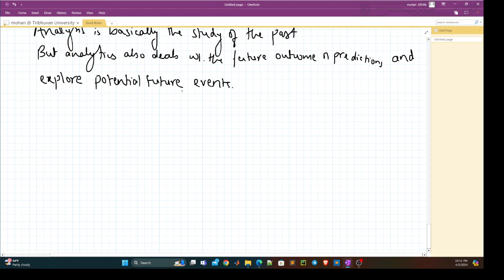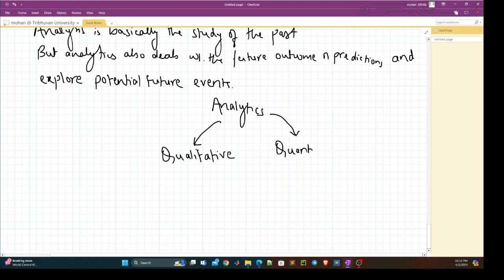So in analytics, we will see about the qualitative aspect of it, and the next one is the quantitative aspect. Where in the qualitative aspect we are going to use intuition, right?